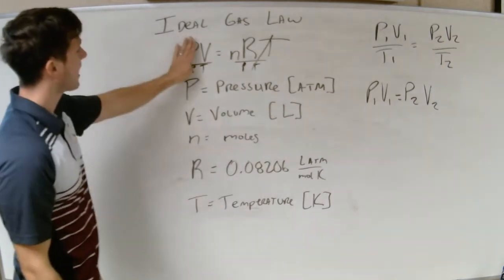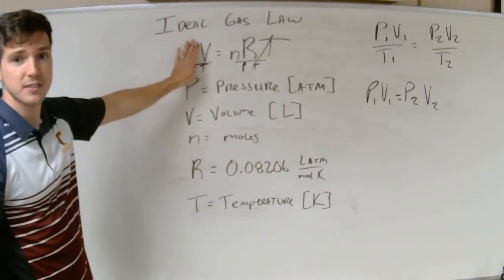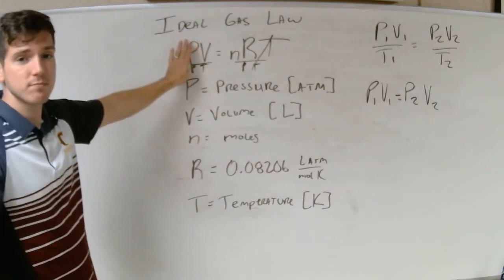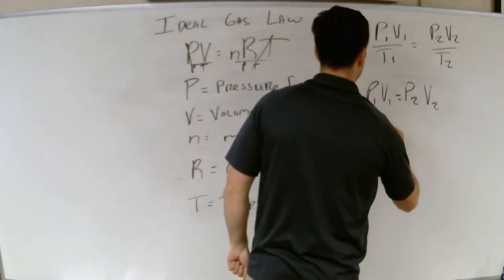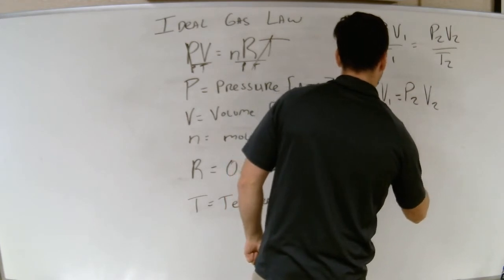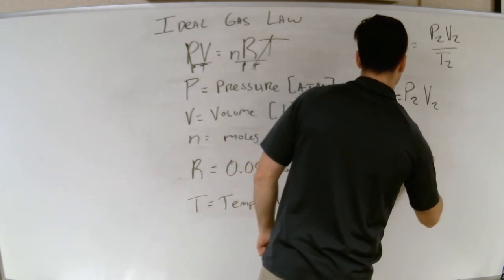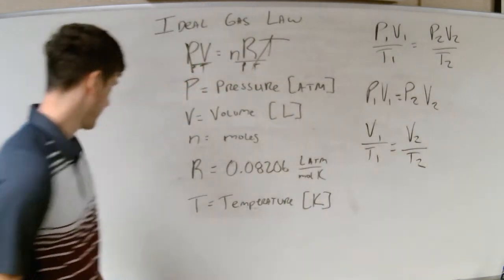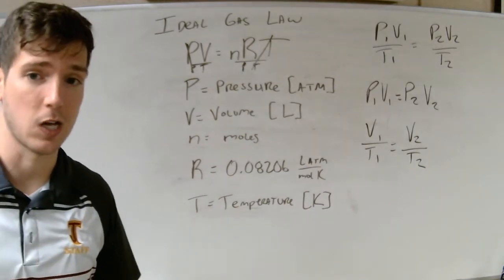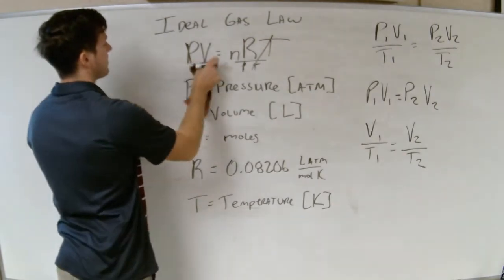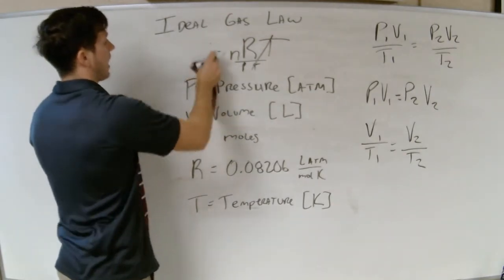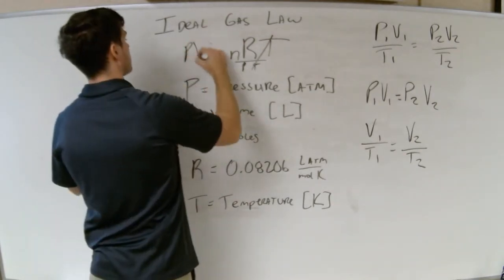Now that I have volume and temperature together, V over T, that's my equation. If I'm just talking about volume and temperature, I could say V1 over T1 equals V2 over T2. And that is Charles' law. So again, we're just deriving that from our ideal gas law.